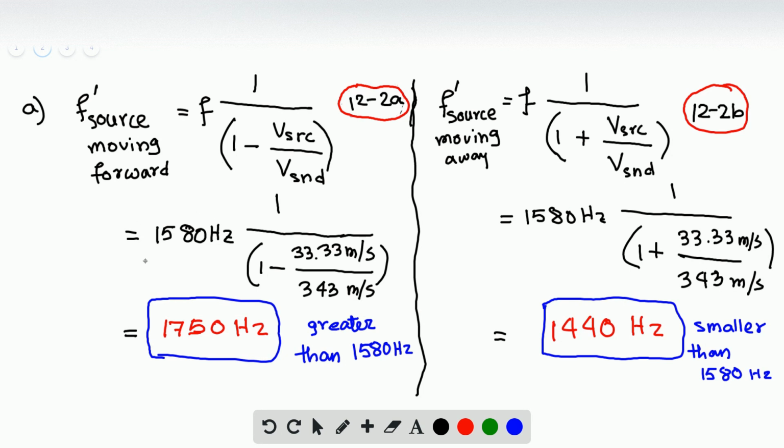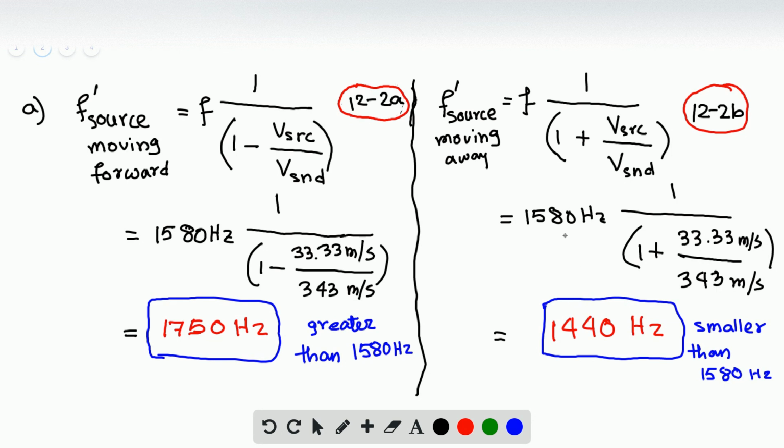Whatever frequency you have when both objects are stationary will start increasing if the source and the observer come towards each other.